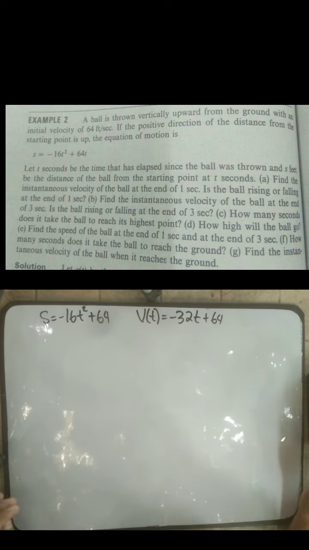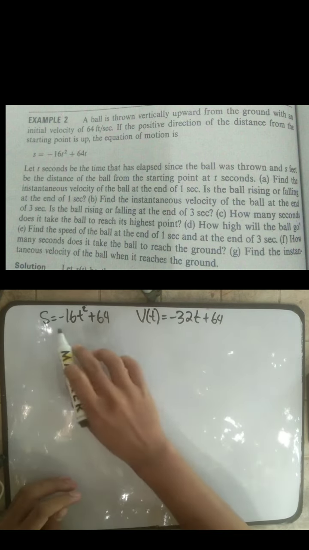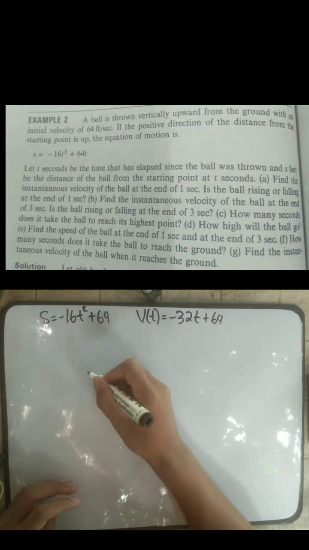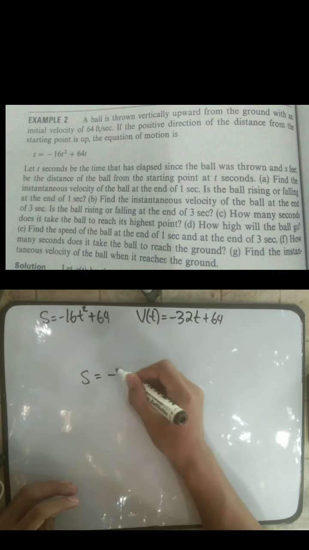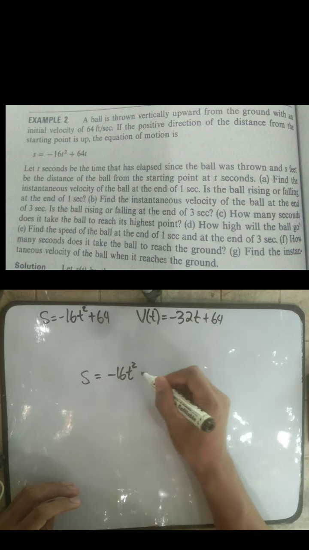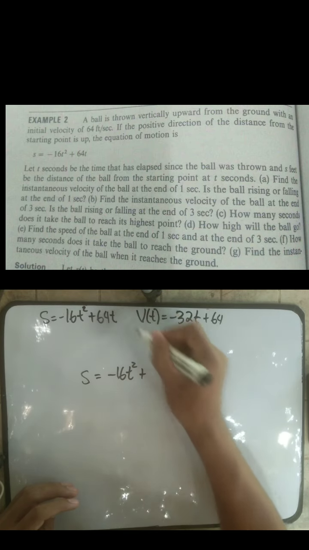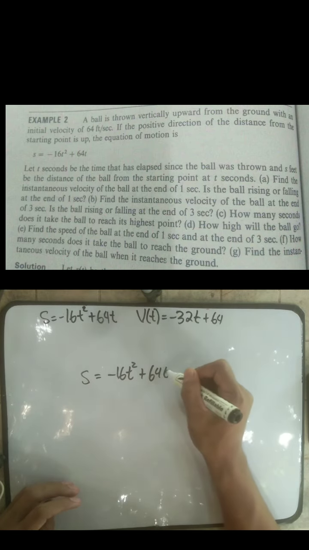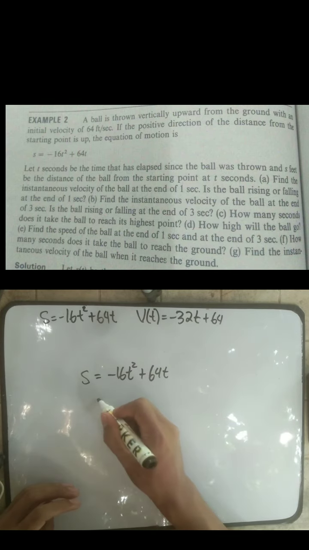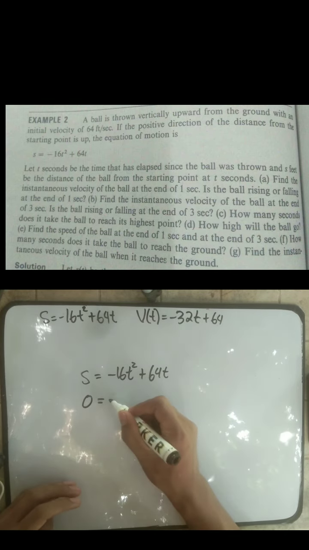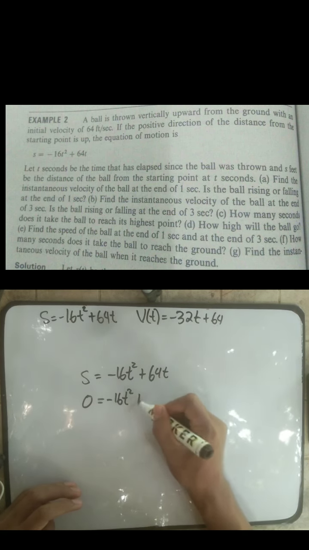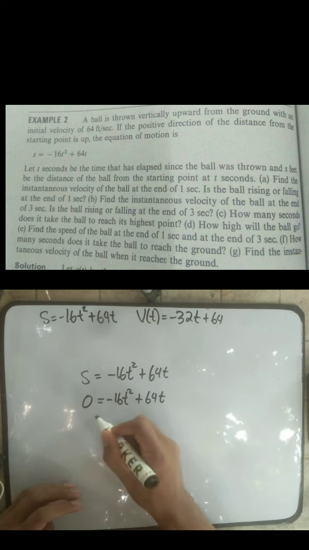So the next question is, how many seconds does it take the ball to reach the ground? To reach the ground, we will find the time when the position is 0. So s equals negative 16t squared plus 64t. Let's say 0 equals negative 16t squared plus 64t.